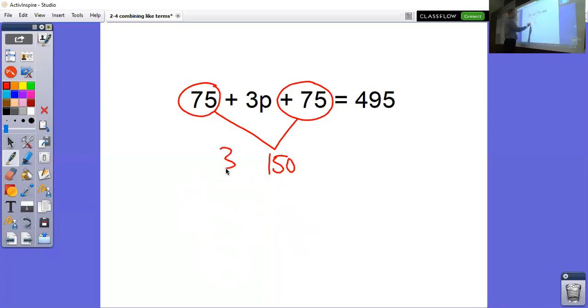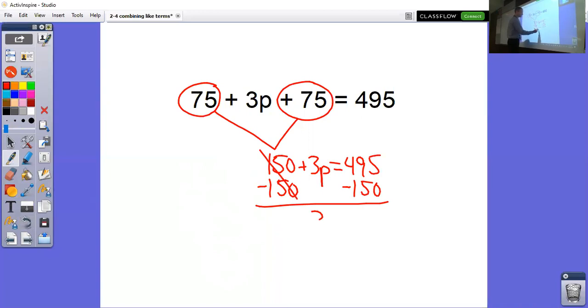So I could bring down my 3p and put it here in front of the 150. Or I have my choice. I could bring it down behind it, bringing the plus sign with it, and have it look like that. So it doesn't matter which side you put it on, as long as the symbol in front of it is correct. To solve the rest of it, you do minus 150 and minus 150.